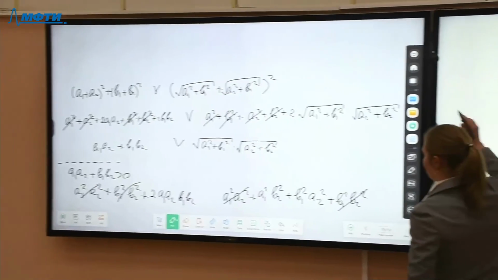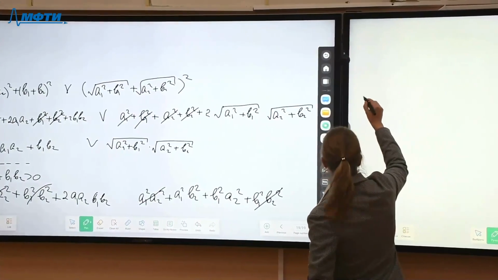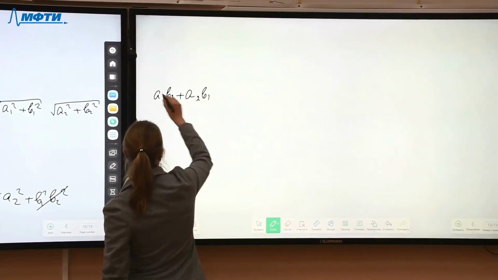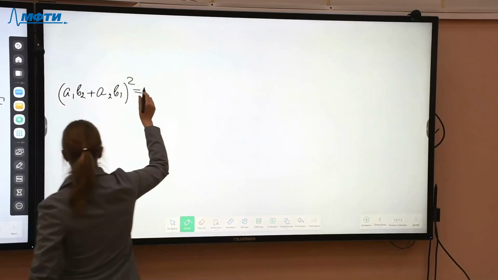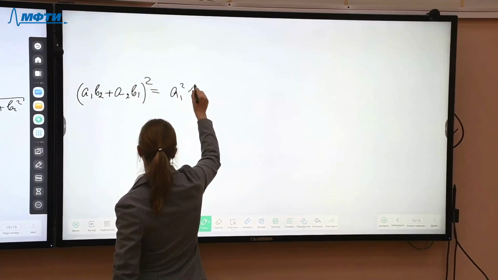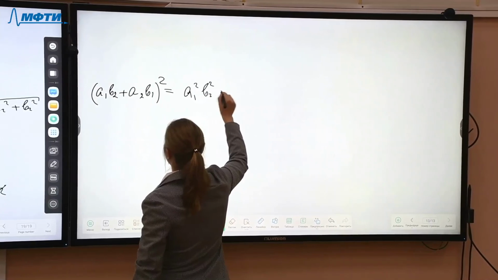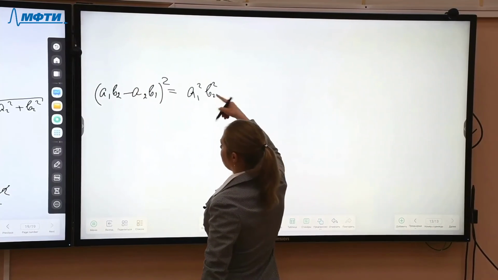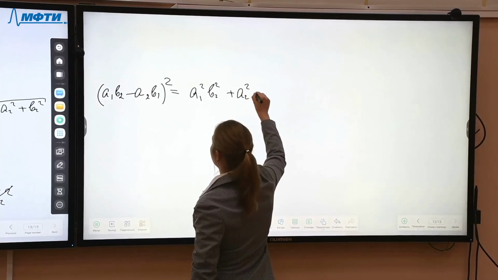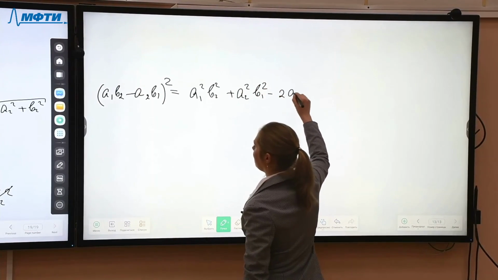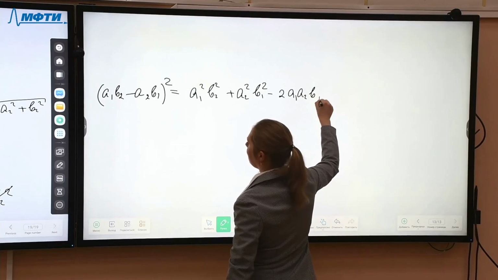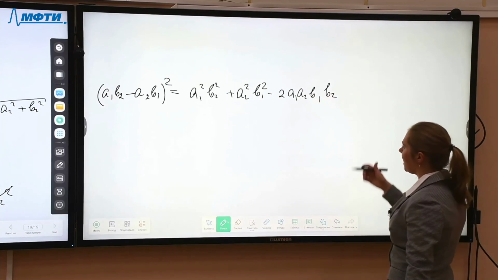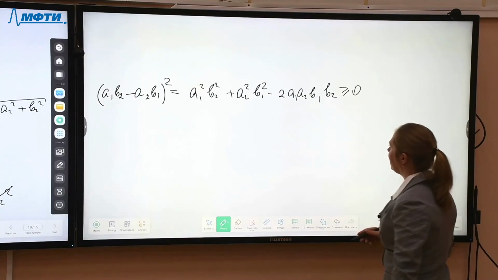We can notice that if we take a1 b2 minus a2 b1 and we square this thing, we will have a1 squared b2 squared plus a2 squared b1 squared minus 2a1 a2 b1 b2, and it is a square, so it is always non-negative, so it is greater or equal than 0.